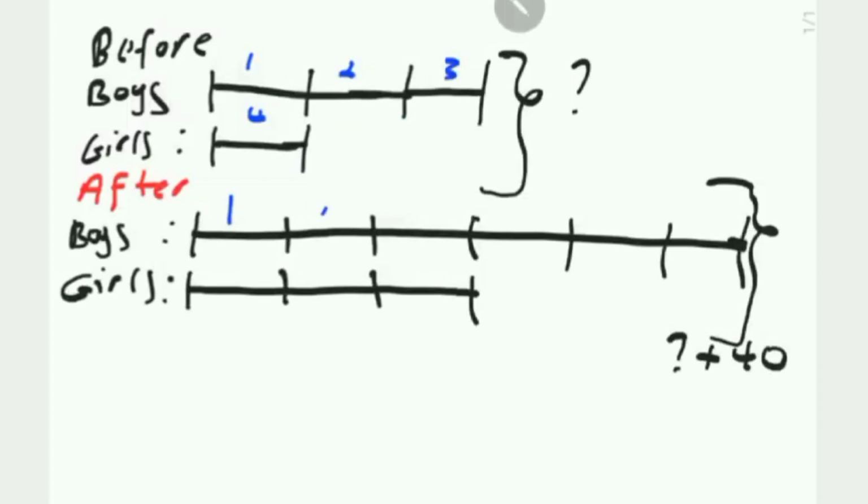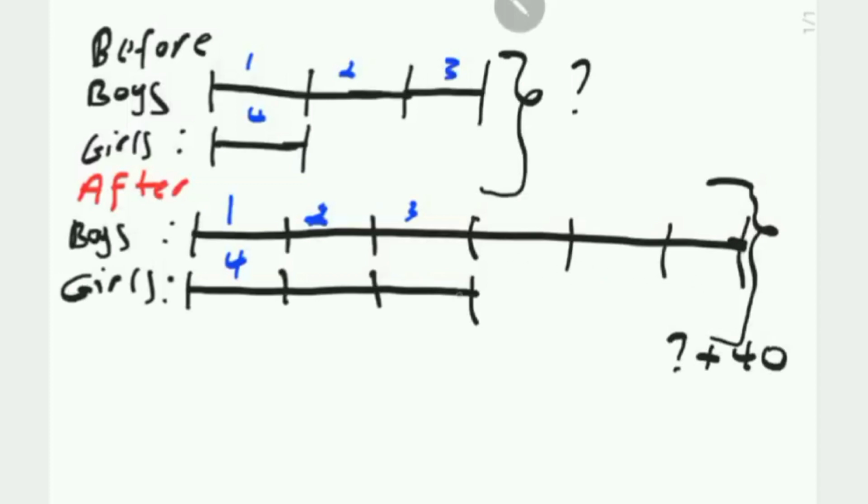So let's see whether we can fish out that before. So we have 1, 2, 3, 4. So this 4 units makes up the total in the before. So let's see the change. What happened to the boys?